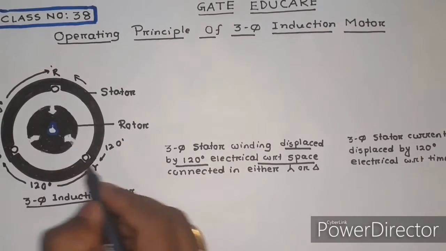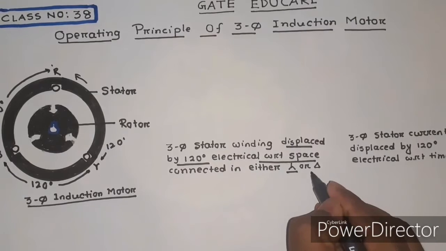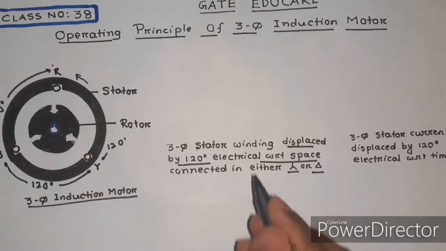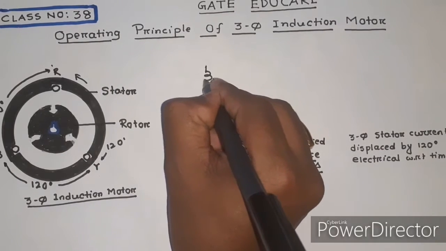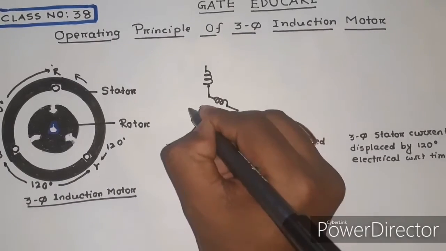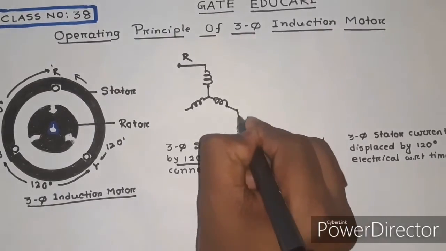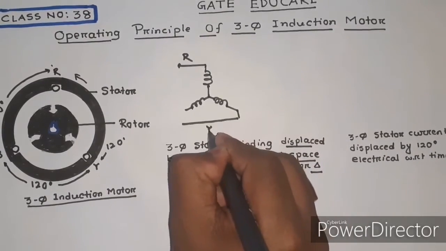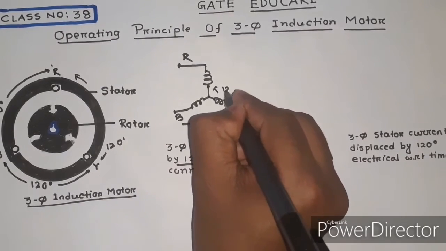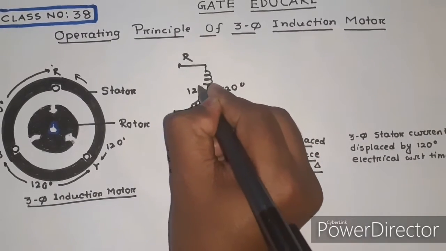This three-phase stator winding can be connected in star mode or delta mode depending on which type of starting method we are using. That means if this is the R phase winding, this is the Y phase winding, this is the B phase winding. This is R, this is Y and this is B. And this angle should be 120-degree, this angle should be 120-degree, this angle should be 120-degree.